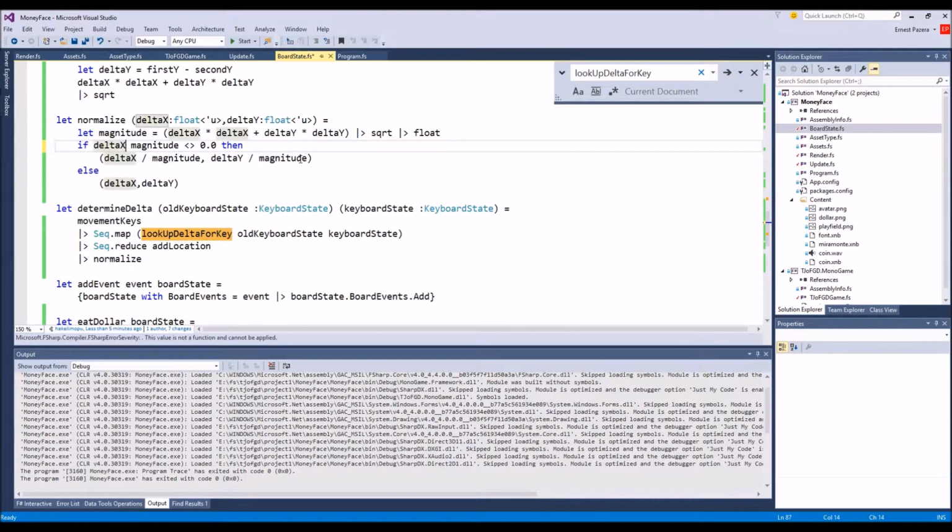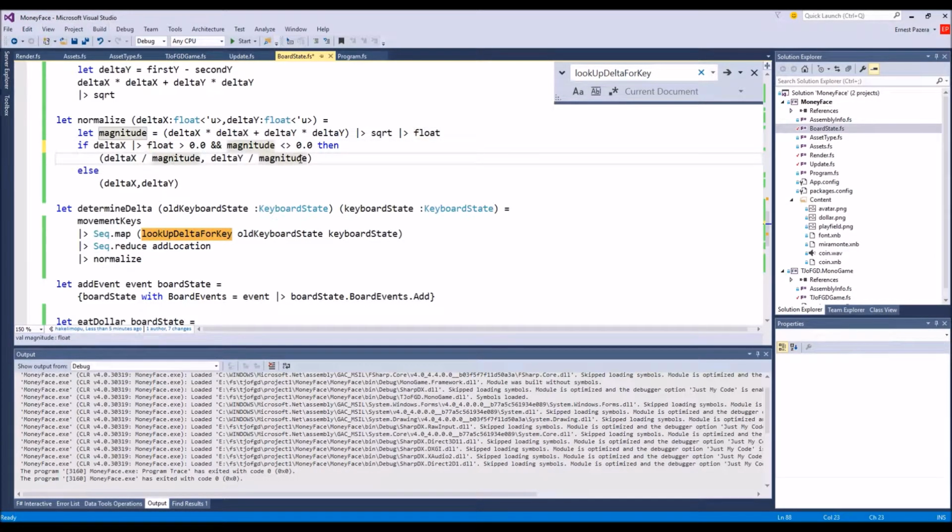Delta X. Putting this here so that I can only... 0.0 of some U's. So cast to a float then.